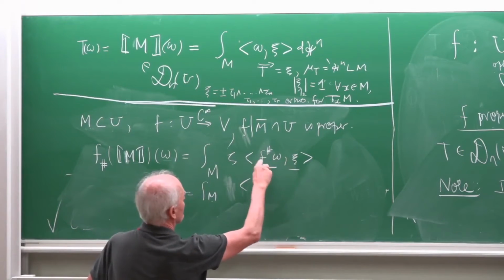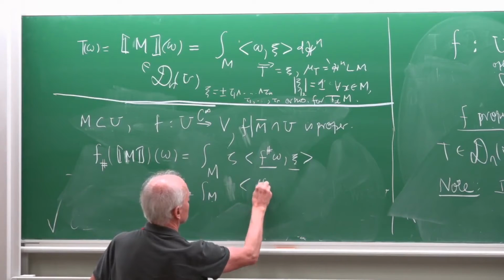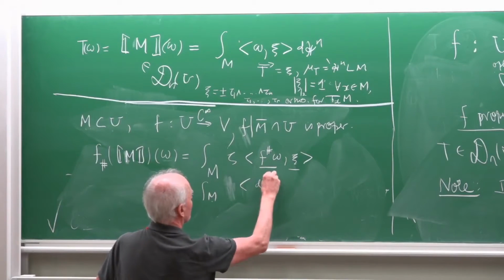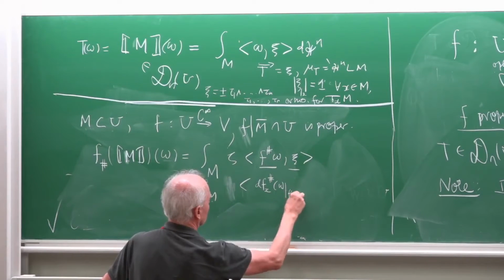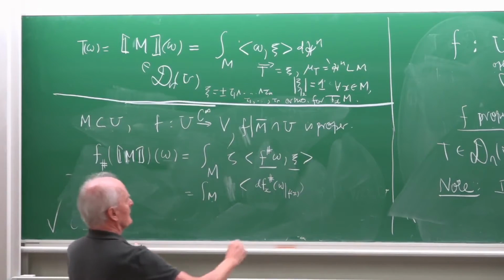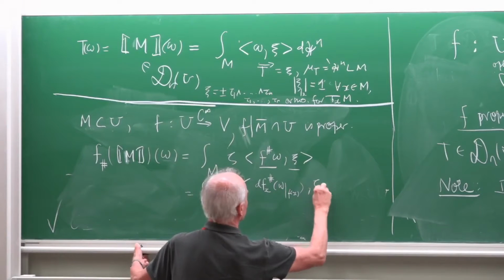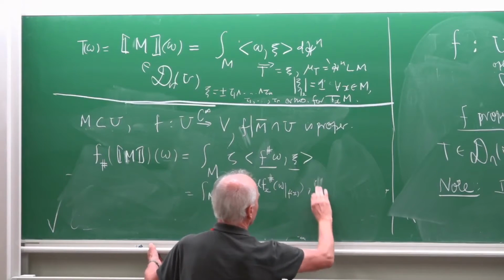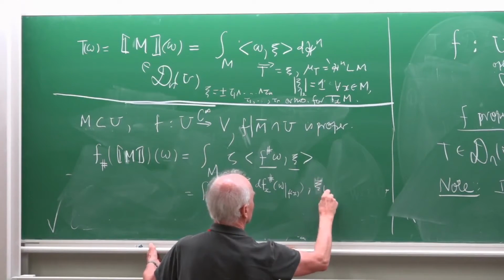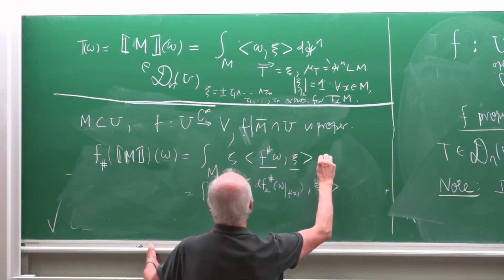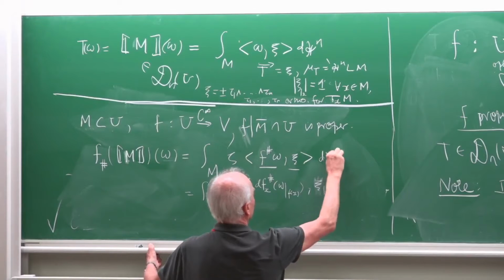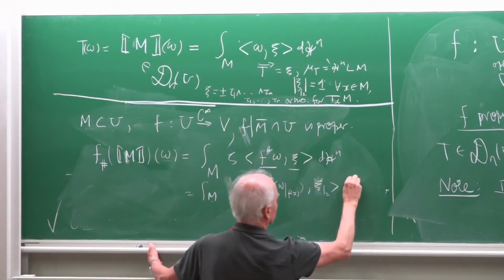The other thing is, remember what the definition of this is: d f x sharp of omega at f x, paired with psi at x, d H n. We're integrating always with respect to Hausdorff measure for this example.